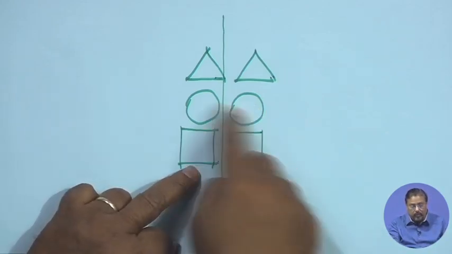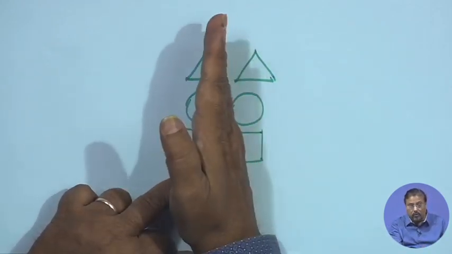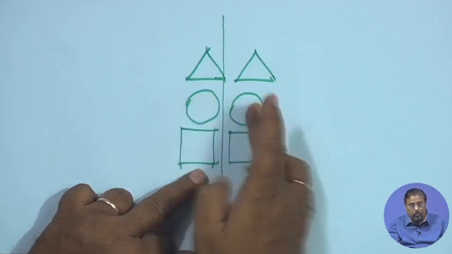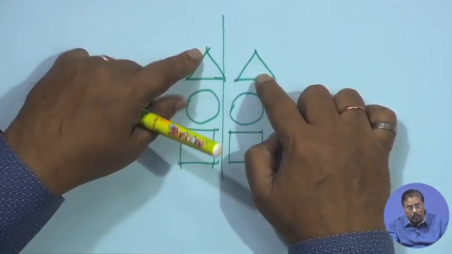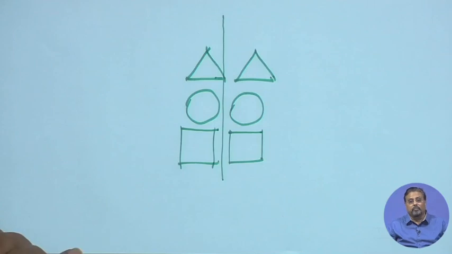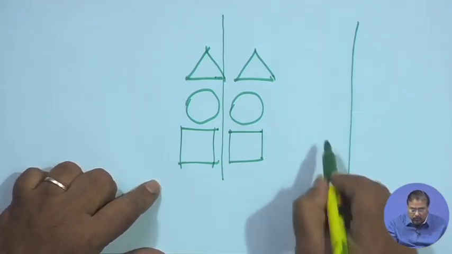If along this particular line everything is just opposite to each other, maybe of different forms, then this is symmetrical. And the asymmetry is just the reverse of it.